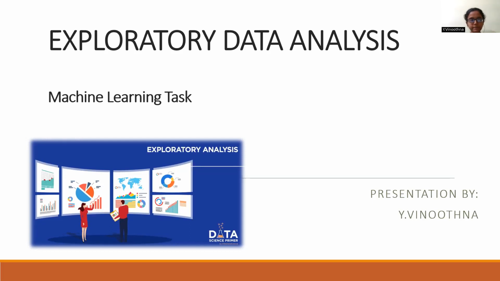So in the same way, when we have a large set of data with us and we have to make some machine learning model, we have to make sure that the data is eligible and appropriate for the machine learning model. So for that, we have to analyze the data.